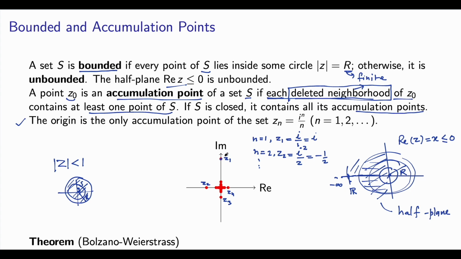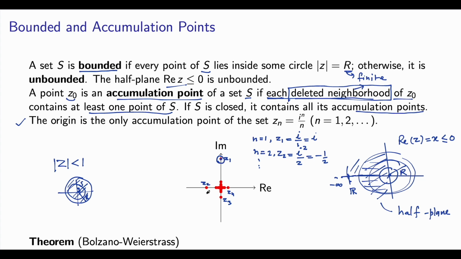But I want to prove what is the limit point of this set. So let us say z1. Is z1 a limit point? Z1 is a limit point if each deleted neighborhood of z1 contains at least one point of S. I can prepare a neighborhood around z1, and a deleted neighborhood means none of the other points of S come into this neighborhood. So this is not a limit point.